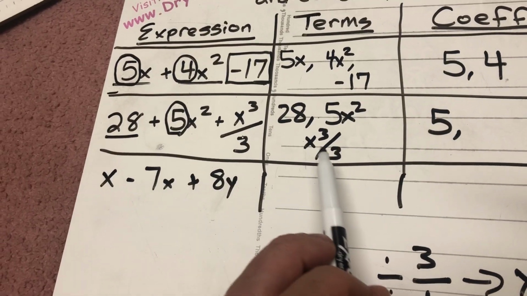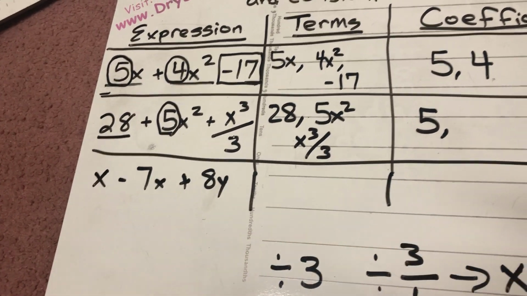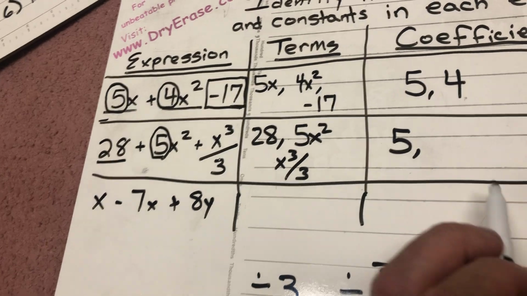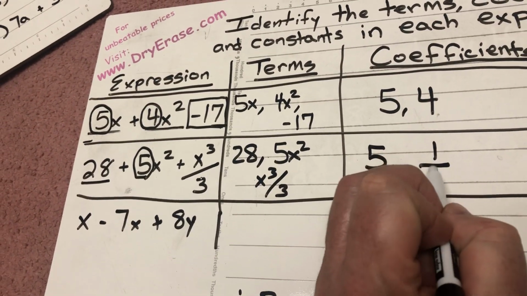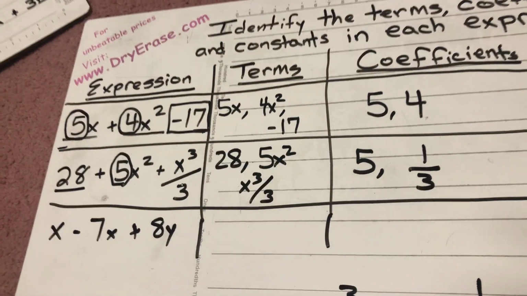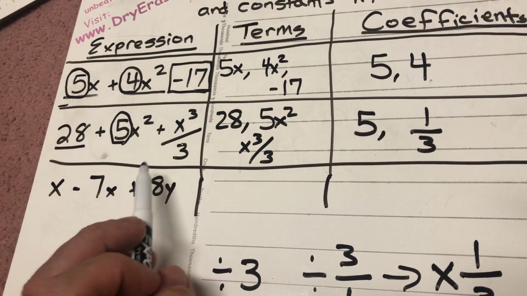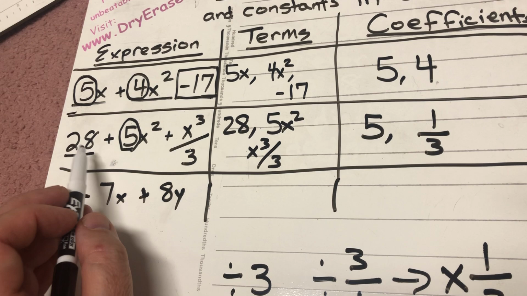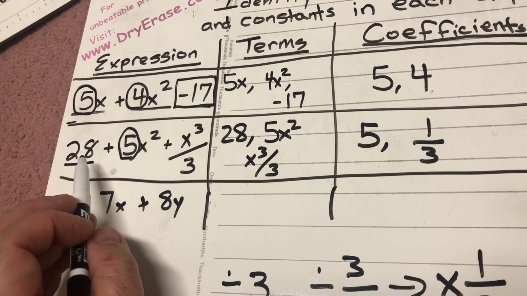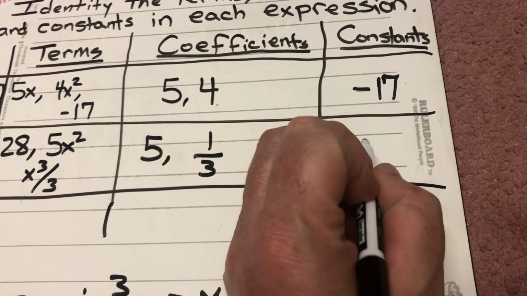So here I'm multiplying the x cubed by 1 over 3, which means that I have a coefficient of 1 over 3. There's no more numbers attached with variables here. So I have 28. That's a standalone number. 28 is considered the constant.